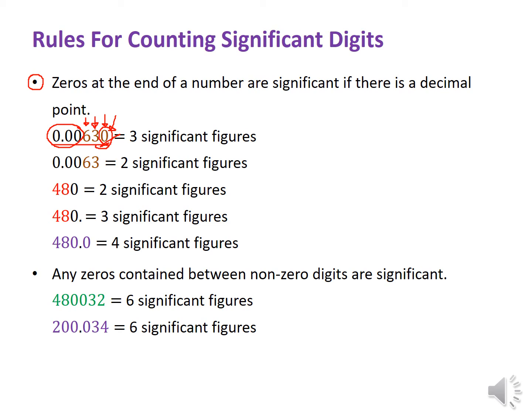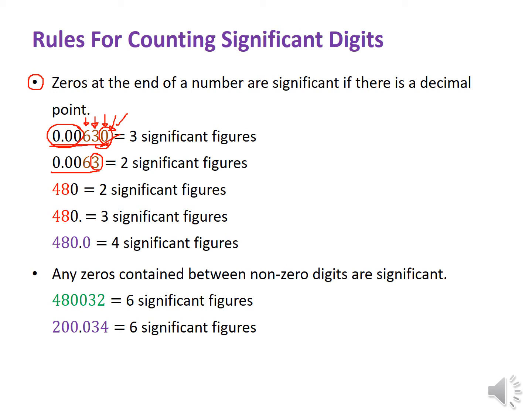If it was measured up to the 10,000th digit, then the number would be 0.0063, which is correct up to this 10,000th digit. But the previous number implies that the number 0.00630 is correct up to the 100,000th digit.